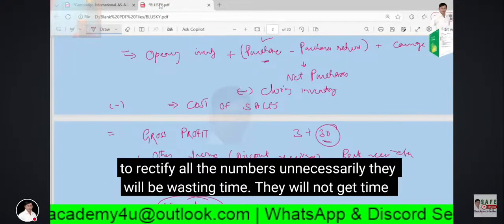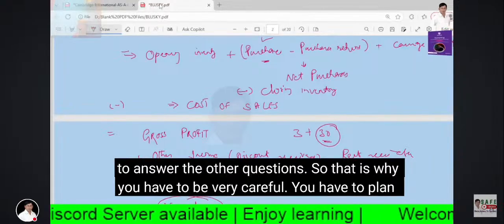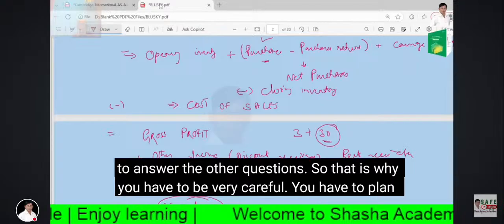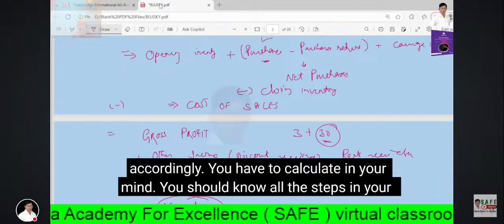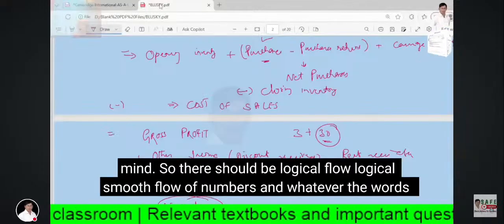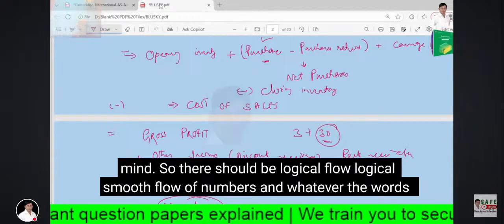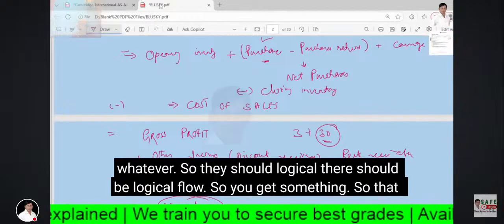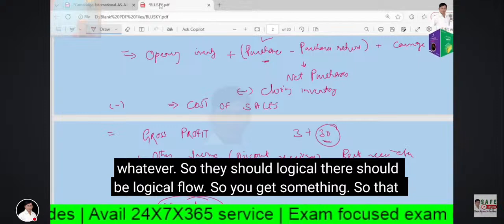They will not get time to answer the other questions. So you have to be very careful, plan accordingly, and know all the steps in your mind. There should be a logical, smooth flow of numbers. So you get something, and that is nameless.